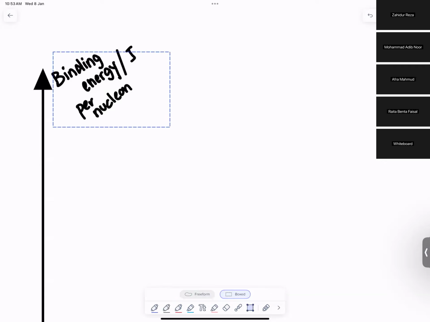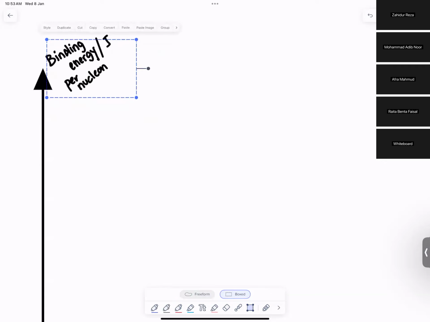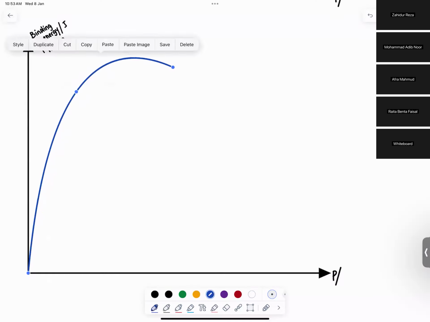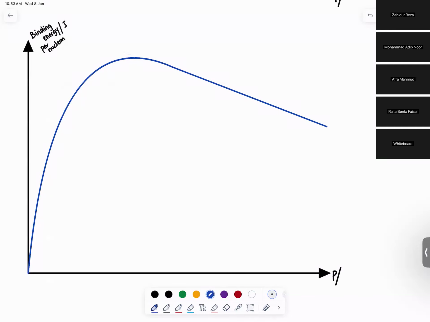The graph was not an increasing graph. The graph was like this. I'll draw the general shape. The graph first goes up, peaks at a point, and then starts to go downwards. So a graph like this comes out. This is the graph for binding energy per nucleon versus proton number.